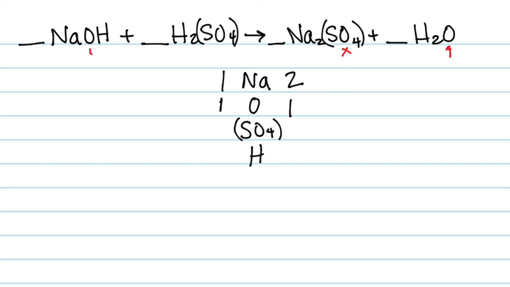Sulfates. Well, on the left, I have 1 sulfate unit, so I put a 1 out front. And on the right, I also have 1 sulfate unit. Hydrogen on the left. Now this is where it gets a little tricky. I have to account for that hydrogen and these 2.